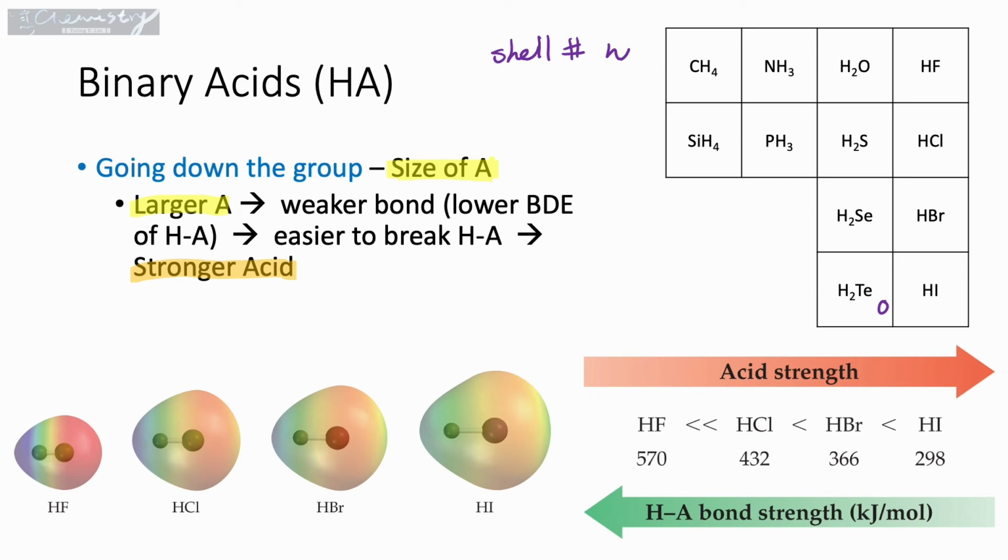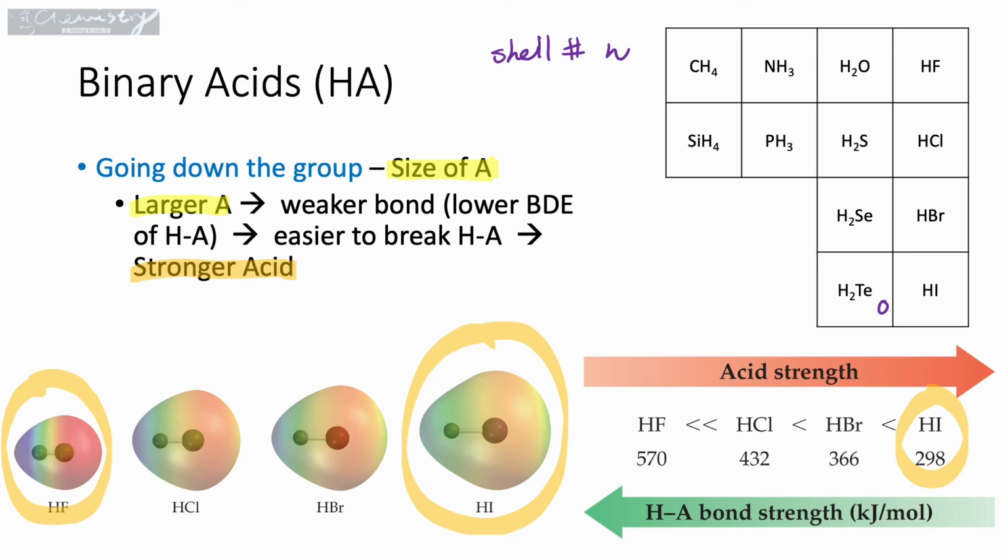Over here you can see that for HF, F is small, so the difference in electron density is smaller compared to HI, where it is bigger. So the acid strength is going to be stronger for HI because it has a smaller bond strength.